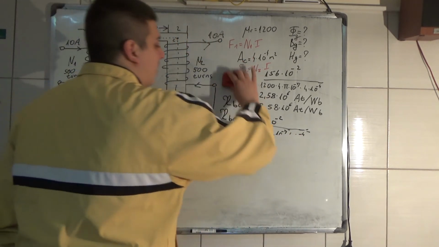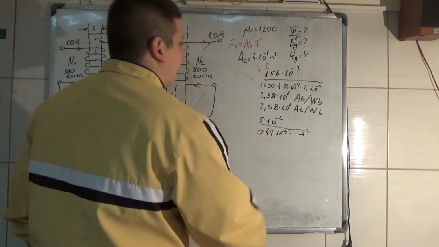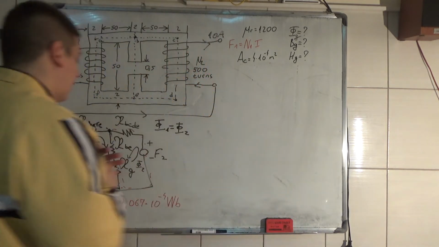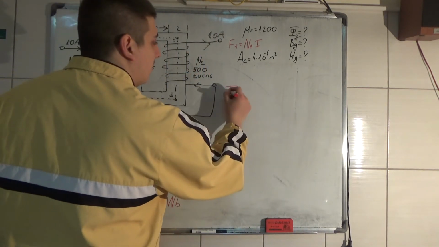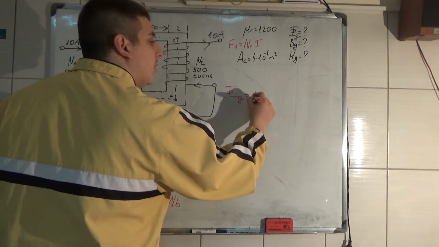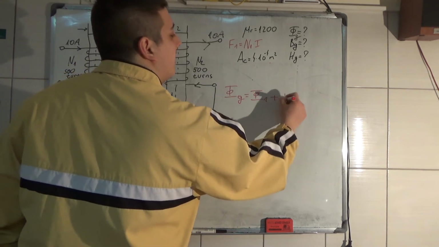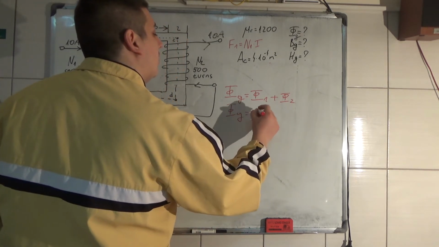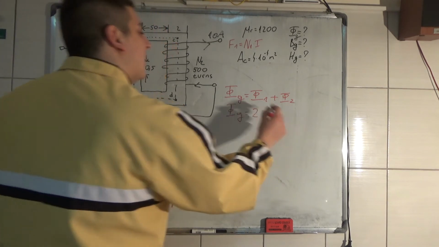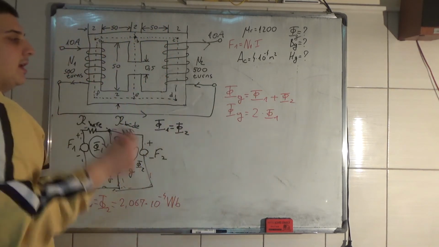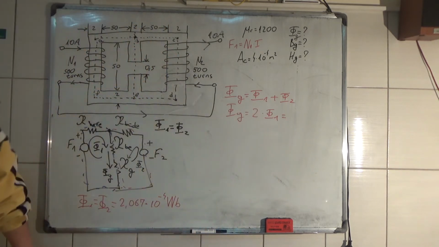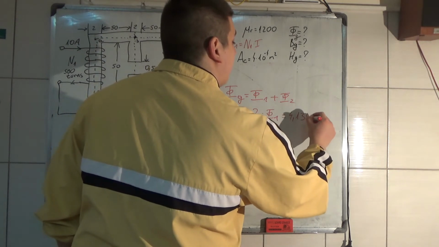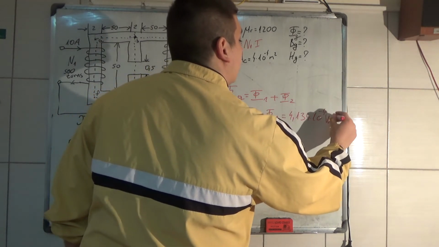You got the equation and you can do it yourself, but I just skipped that because that's more math, not physics. And the flux in this air gap is equal to the sum of these fluxes, flux 1 plus flux 2. Flux G is equal to 2 times flux 1, because flux 1 is equal to flux 2, and that is equal to 4.134 times 10 to the minus 4 Webers.